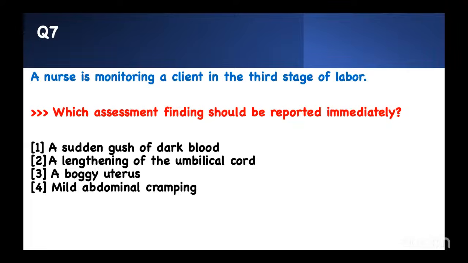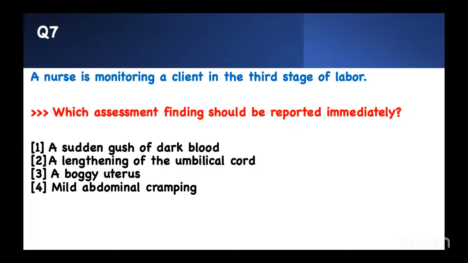To be able to deliver the placenta, the uterus should be contracted and firm so that you can push and pull it out easily. If the uterus is not firm or contracted, there's going to be bleeding. What happens in stage 3? To deliver the placenta, now this is content you have to add.